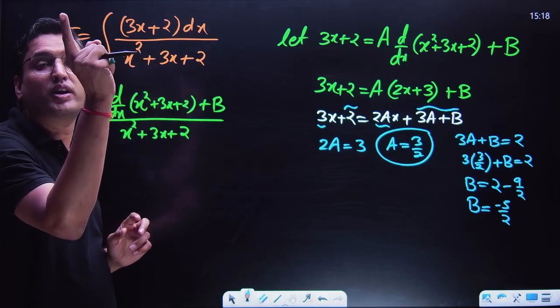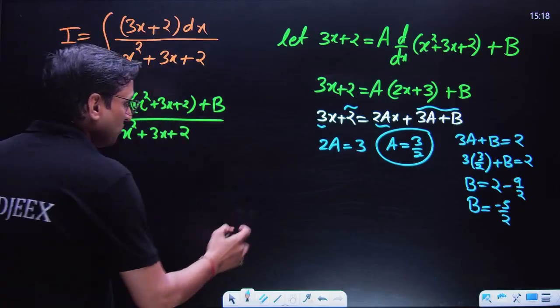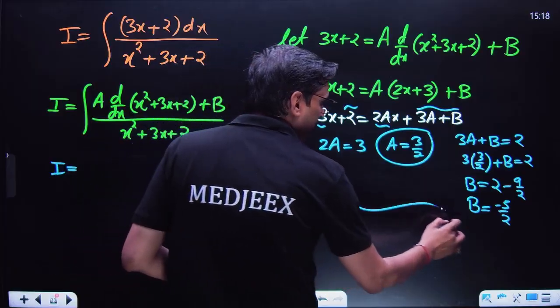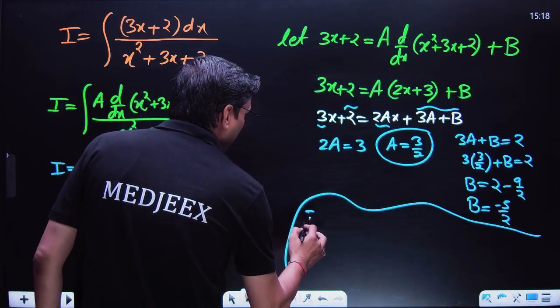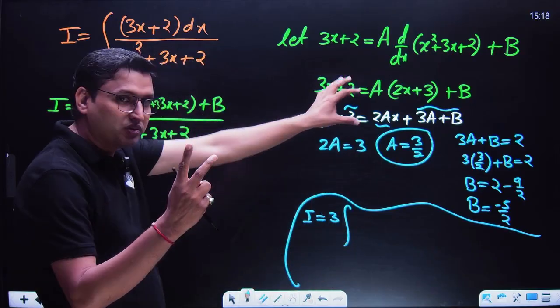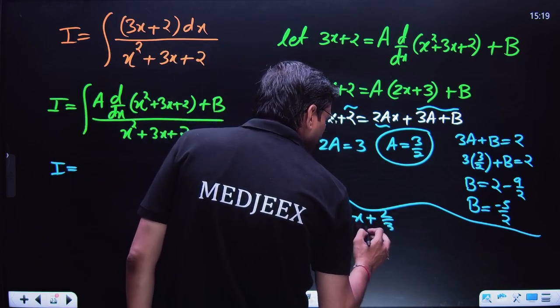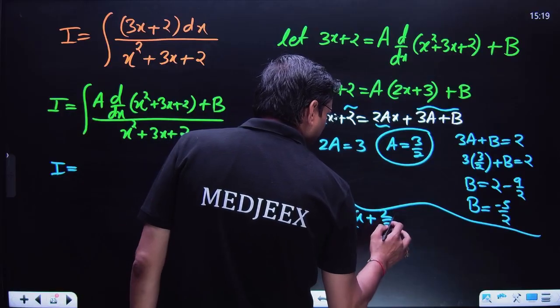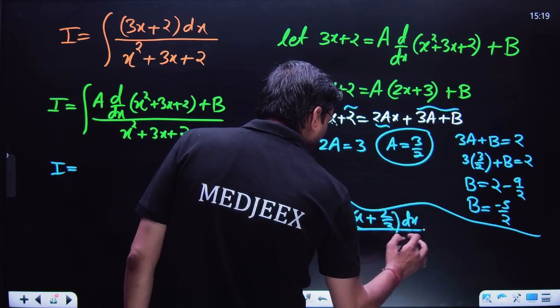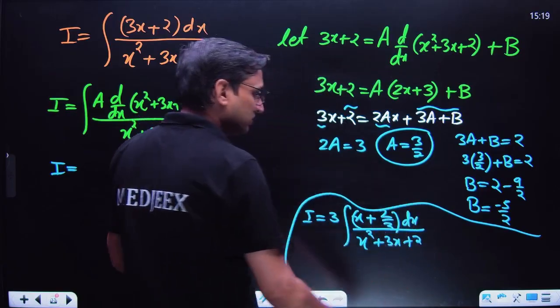Then you are going to subtract and add 3. I am mentioning the second method instead of this one. This will become 3 times (x + 2/3) dx, and the denominator will remain the same, x² + 3x + 2.